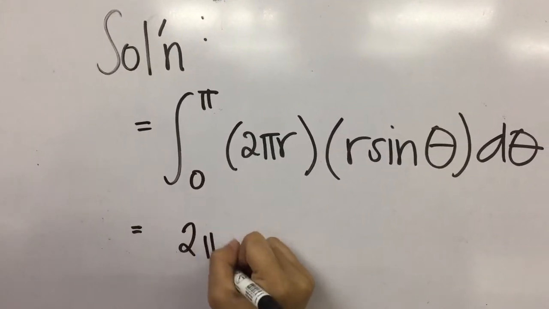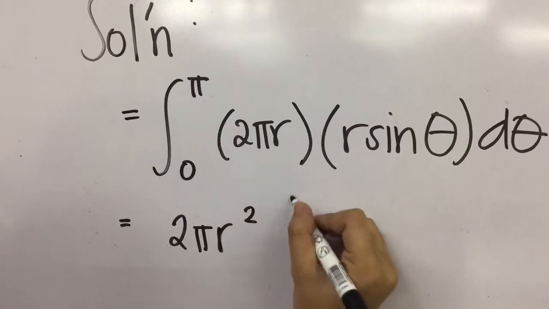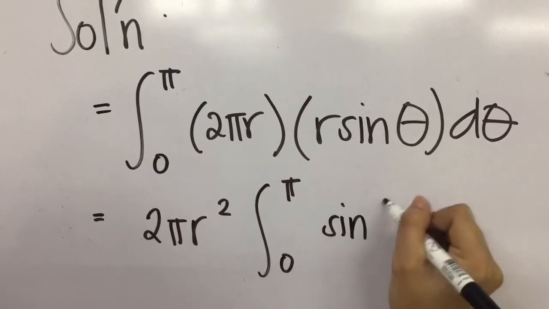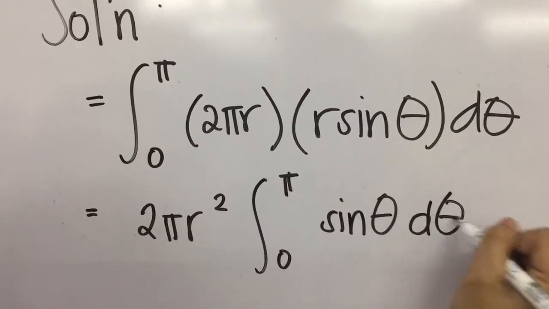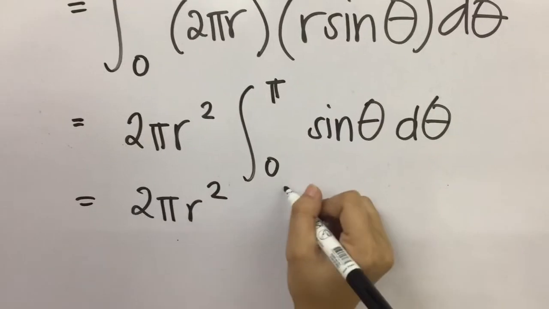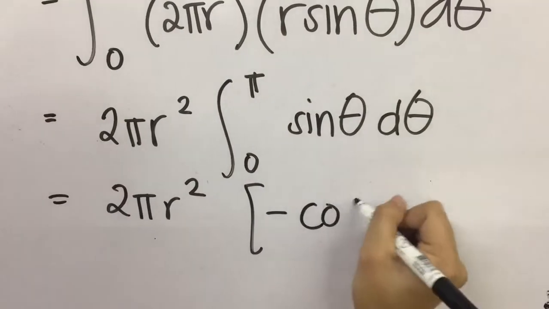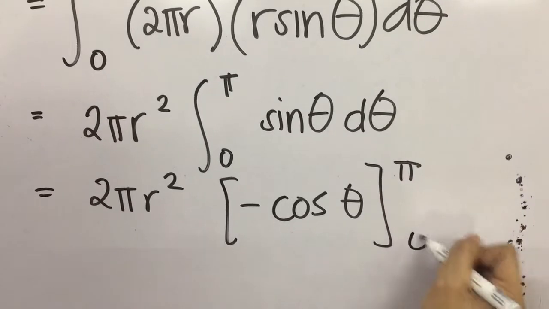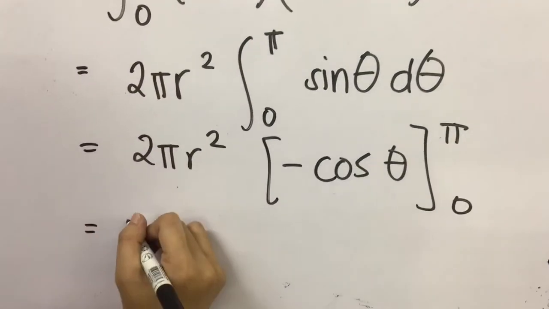Taking out 2 pi r squared as a constant, then integral of sine theta d theta from 0 to pi equals 2 pi r squared times the integral of sine, which is negative cosine theta, from 0 to pi.